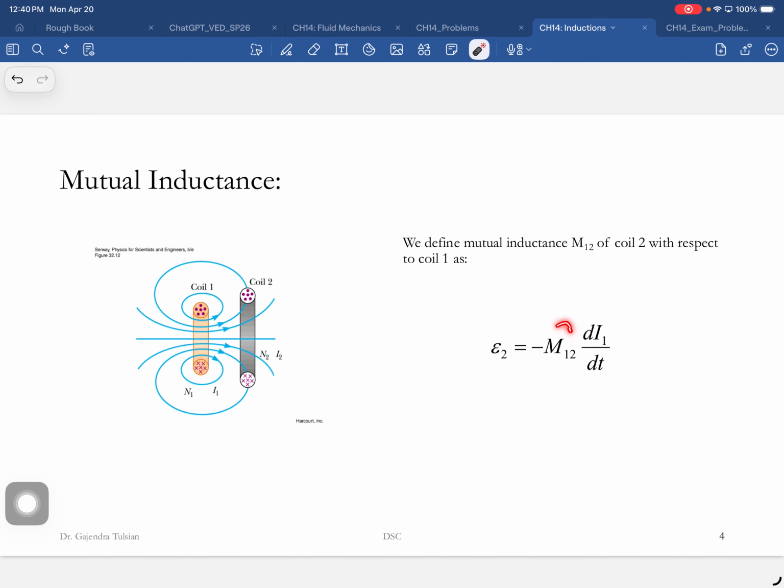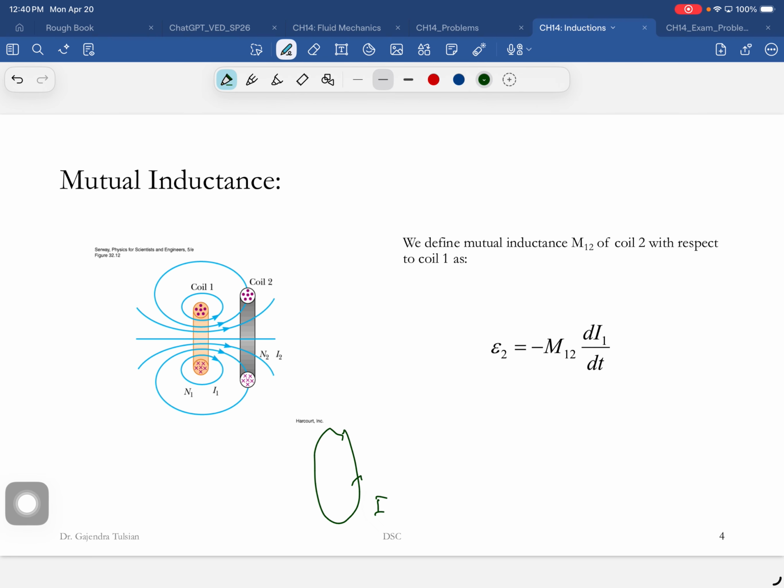Okay, so more often than not, we can't give you an expression for this. For instance, if you have this, it's I1(t).